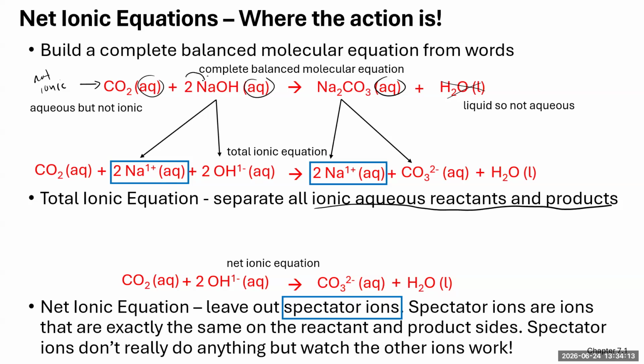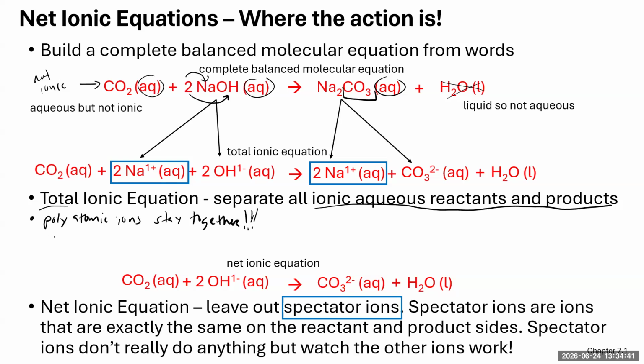But since there's a two, that two has to go to both of those. We know the charges for sodium and for hydroxide. There's two sodiums, and polyatomic ions stay together.